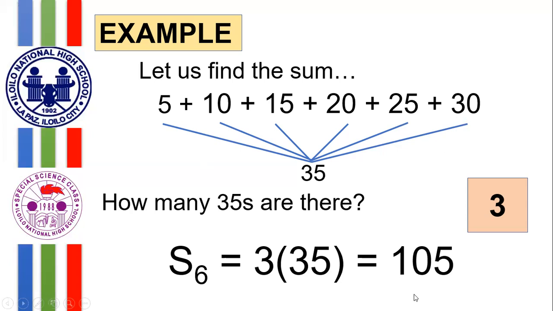So you could see either by manual addition from left to right or by using this method, we were able to determine the sum of the first 6 terms, which is 105. I hope you got it.